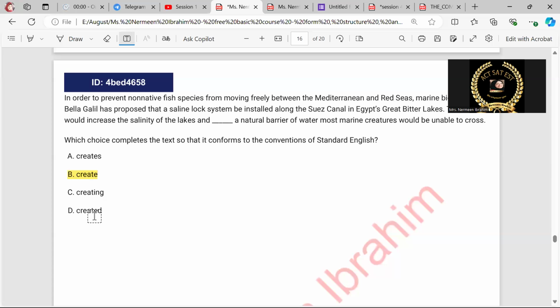Here, did you find the singular and plural forms in the choices? No. Here, that's singular. Here, that's plural. Here, creating, can you tell if it is singular or plural? No. So this is not subject-verb agreement. So you're safe. Now it's either verb tense or finite and non-finite. Okay?